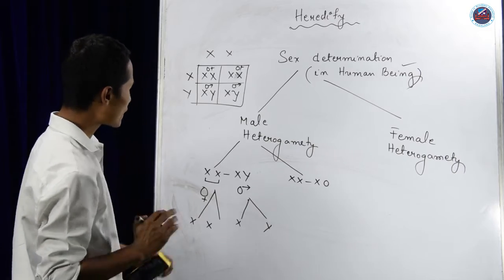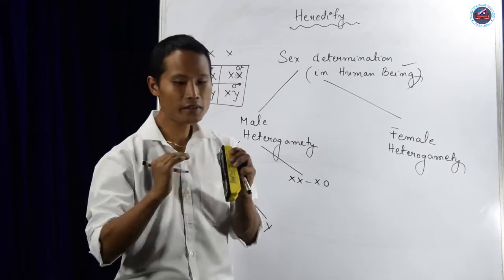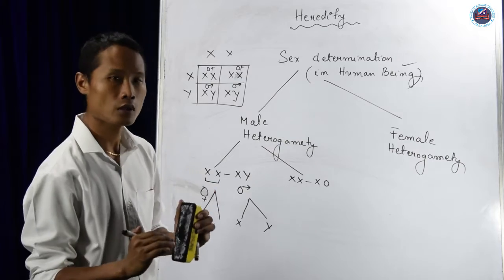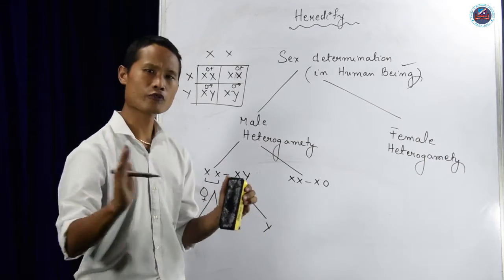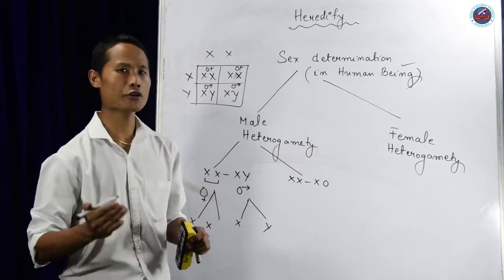So what will be the child after the crossing of the male and the female gamete? What will be the probability whether the child will be a male or a female?